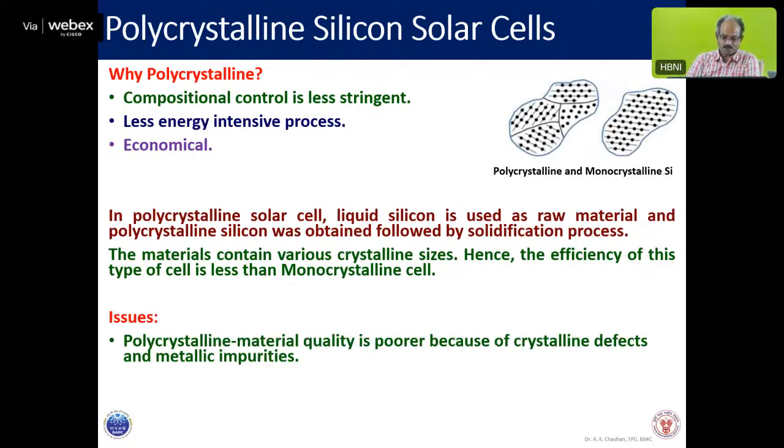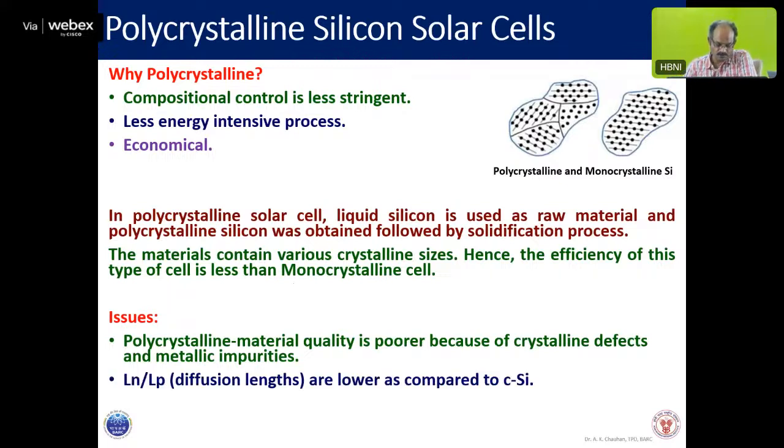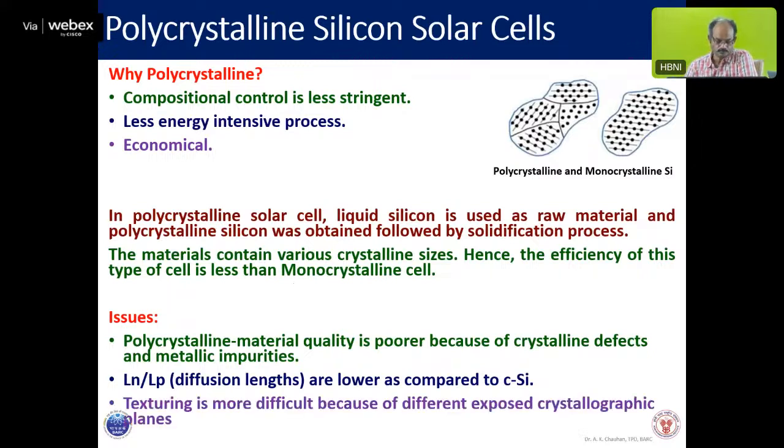What are the issues with polycrystalline? The polycrystalline material quality is poorer because of the crystalline defects and metallic impurities, and the diffusion lengths are lower as compared to crystalline silicon. Texturing is more difficult because of the different exposed crystallographic planes.